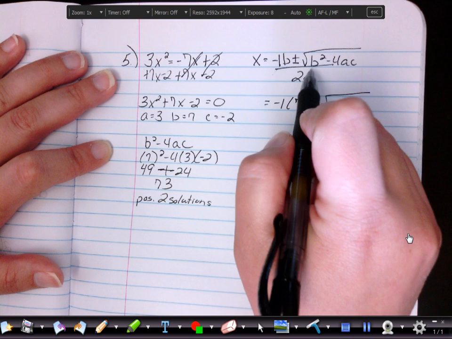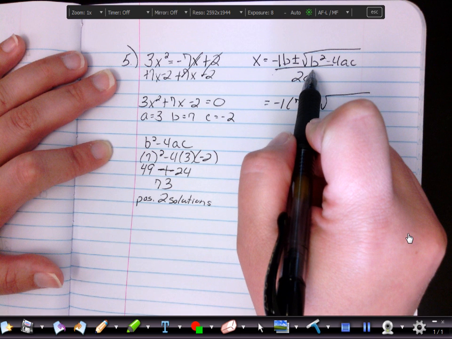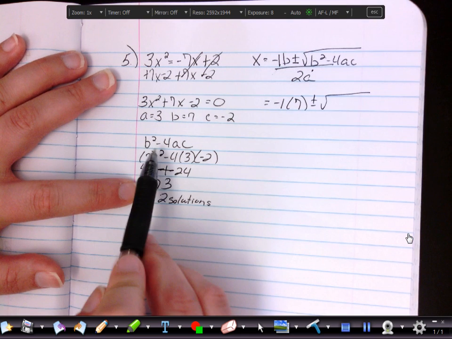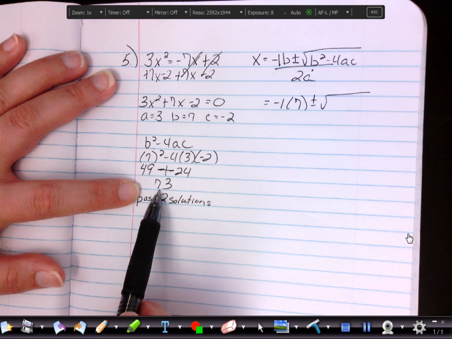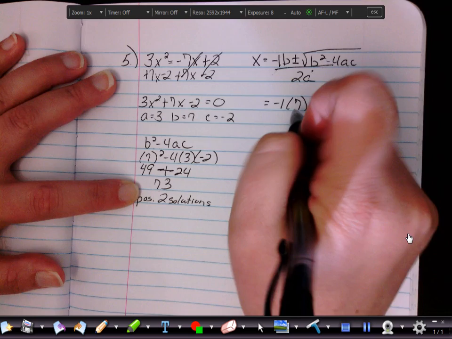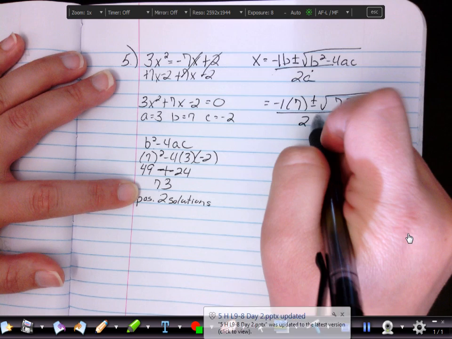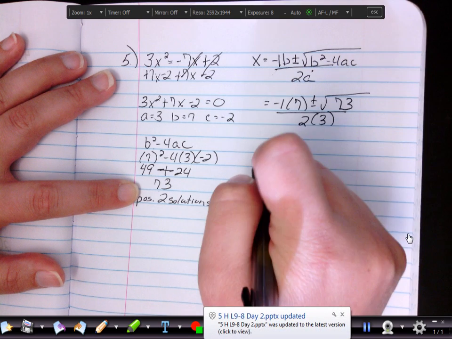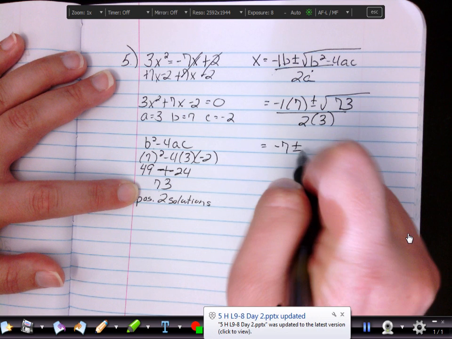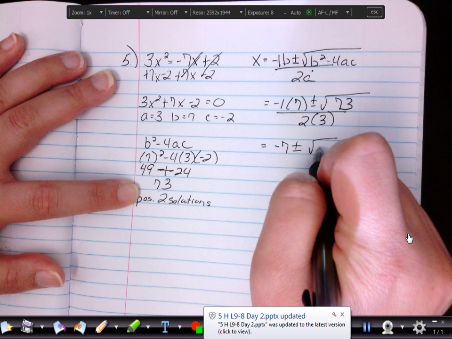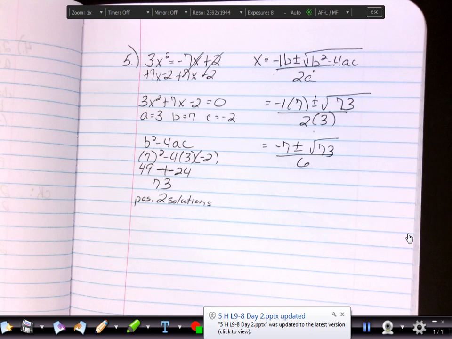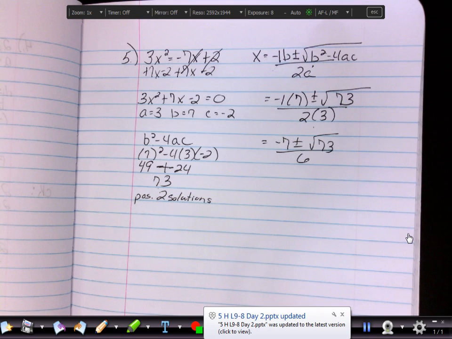And here, I don't have to replug all this back in. You can, it's not a big deal, but you're going to have more steps. I already found that b squared minus 4ac part in my discriminant. So I'm going to just plug in 73 over 2 times a, which is 3. So negative 1 times 7 is negative 7, plus or minus the square root of 73. 2 times 3 is 6.